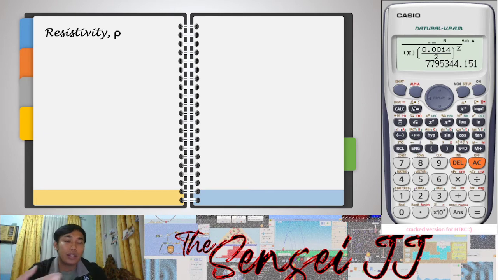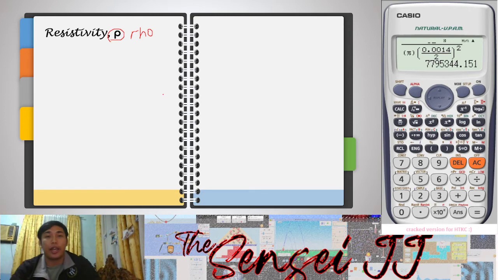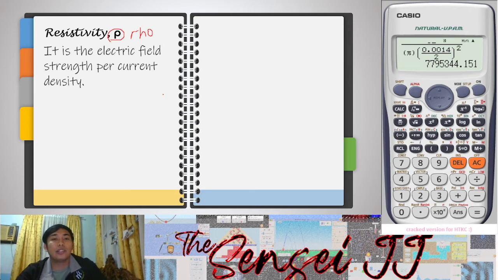So we have here our resistivity, which has a symbol of rho, RHO. This is how we read this symbol, rho. Okay. So it is the electric field strength per current density. So you have an idea here, guys.